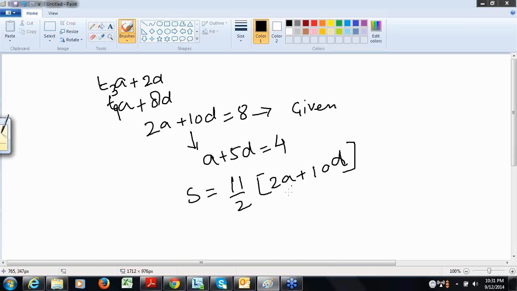This value you can take from here. So it will be 11 by 2 into 8, or 44. So we'll go ahead and mark option number 1, 44.